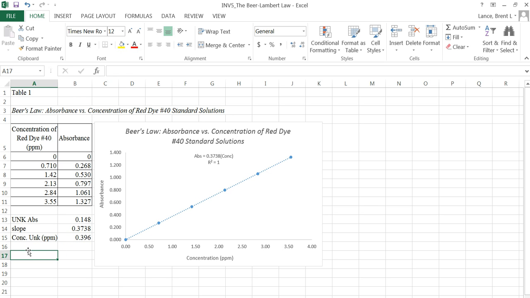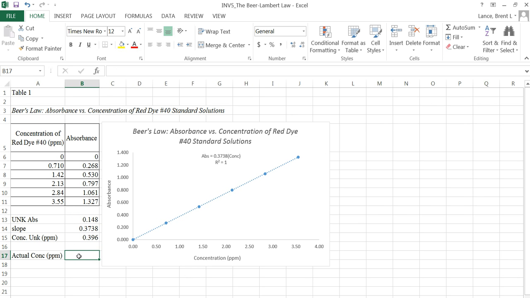Now the actual concentration, I'll tell you here, it's also in parts per million. The actual concentration is 0.405 parts per million.